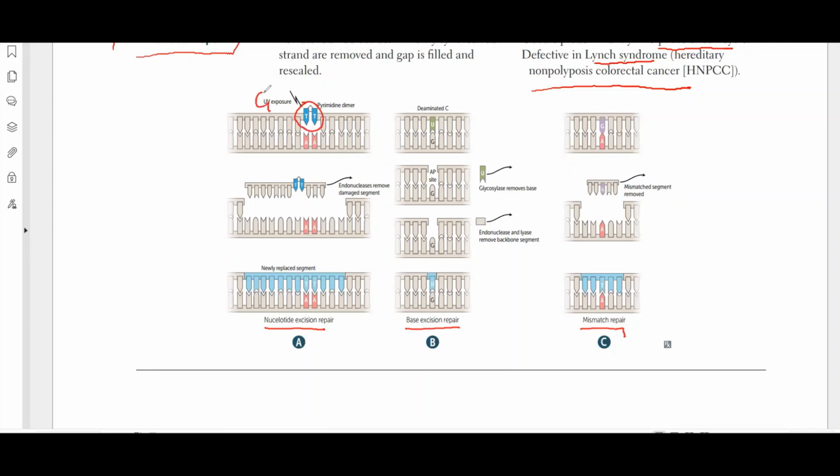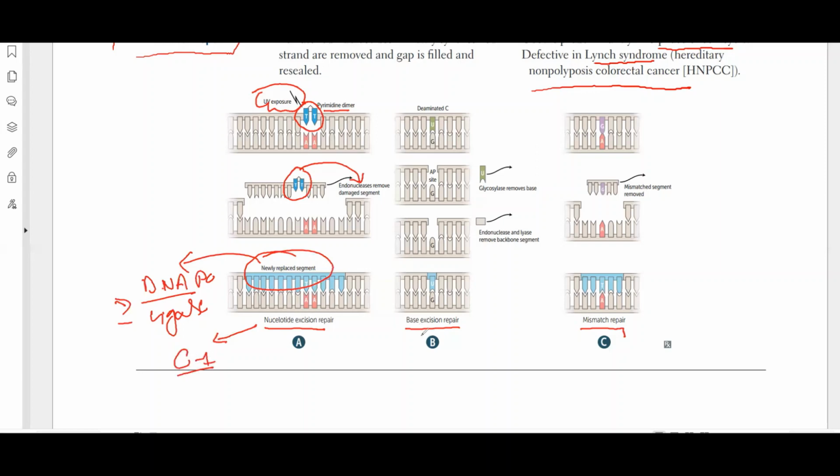UV exposure and other changes lead to the pyrimidine dimer, and this dimer is removed by endonuclease enzymes. The newly replaced segment is made by DNA polymerase and ligase fills the gap. So two enzymes are involved, DNA polymerase and ligase. This type of nucleotide excision repair takes place in G1.